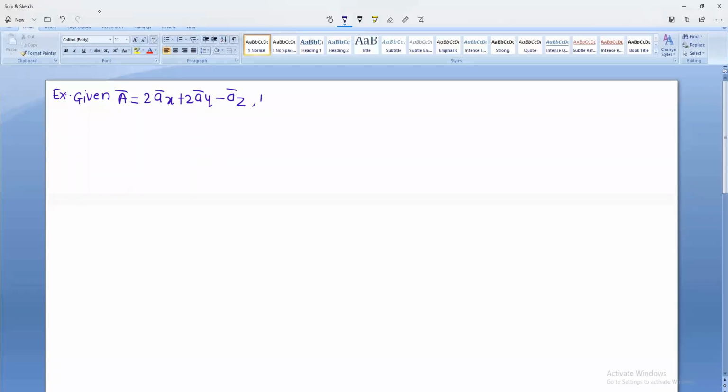Then b bar is equal to a bar x minus 3a bar y plus 4a bar z, and c bar is equal to a bar x minus a bar y plus a bar z.